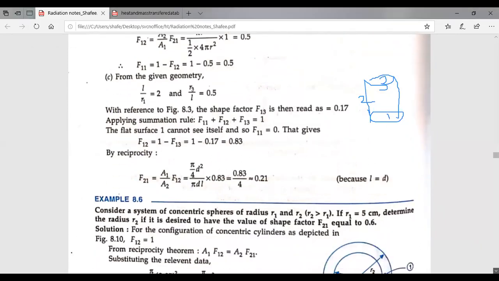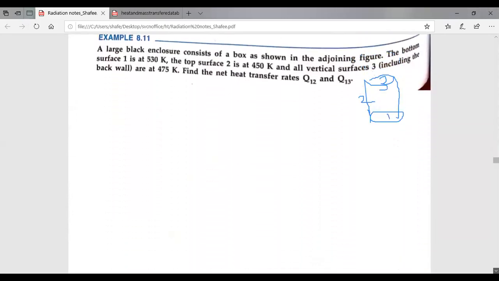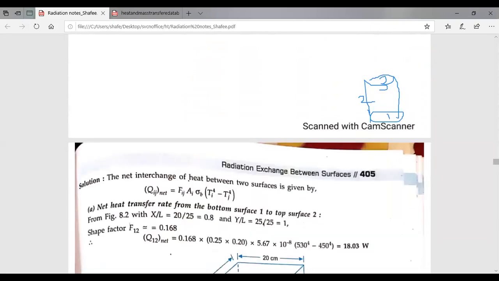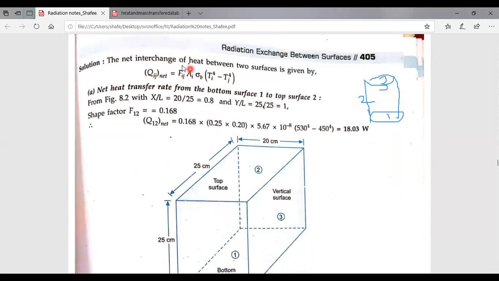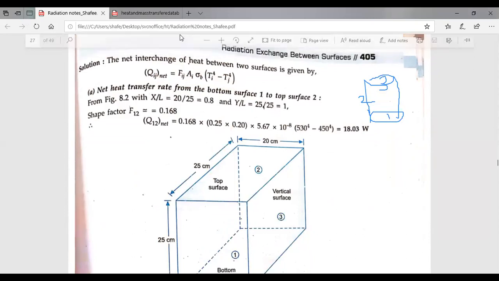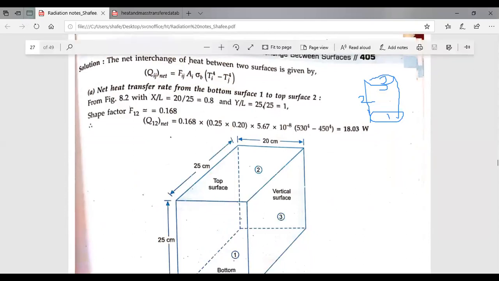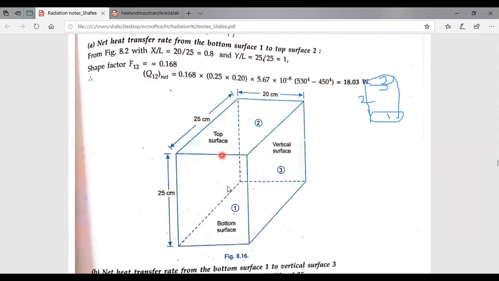Okay, so let's go for one more problem. This is what I discussed last class: Q net is given by F12 or F21, A1 and sigma times T1 power 4 minus T2 power 4. Now we just want to find 1 to 2 or 1 to 3. 1 to 2 is like two parallel rectangles, and 1 to 3 is like perpendicular rectangles.